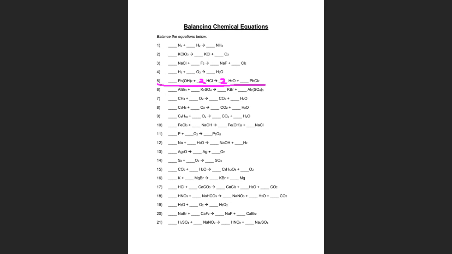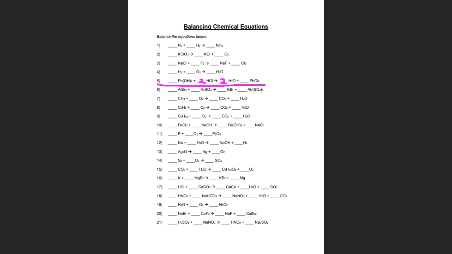So when she put 2 in front of HCl, now the next job is to count the hydrogen, correct? So we have here 2 hydrogen, plus now we have 2 times 1 hydrogen equal to 2 hydrogen. So 2 plus 2 equal to 4 hydrogen. Now if we look at 2 times 2 hydrogen equal to 4, that means chlorine and hydrogen are balanced.